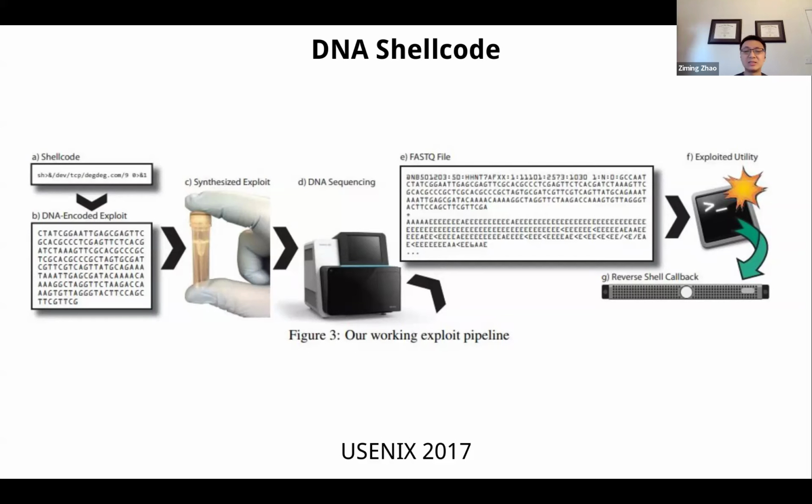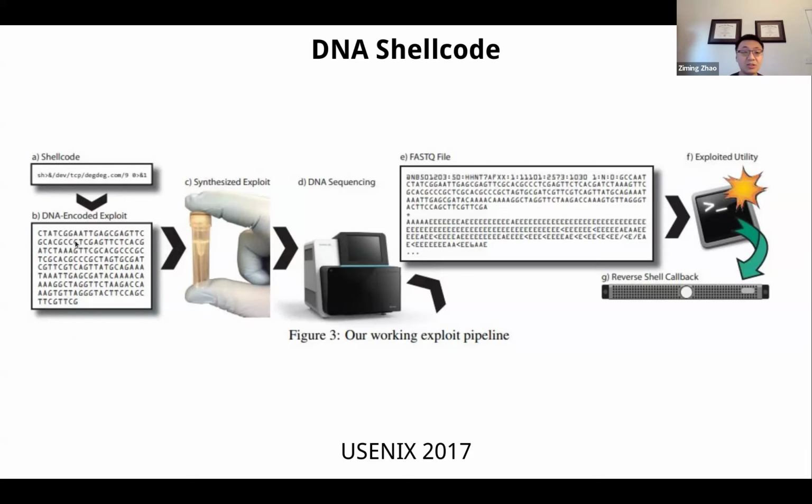Let's assume this DNA sequencing machine has DNA sequencing software which has a buffer overflow. But the input to that software will only be a valid DNA sequence, which means it can only be C, T, A, or G, right?